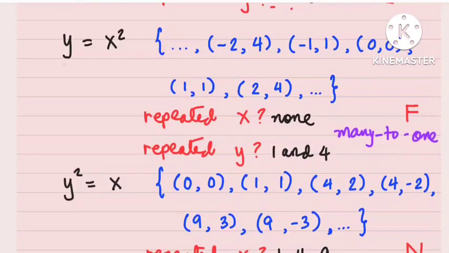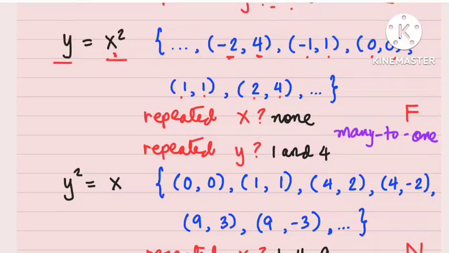Now, what if our function or relation is y is equal to x squared? When I input -2 here, I get -2 raised to 2, that's -2 times -2, which is equal to +4. When I input -1, I get 1. When 0, 0, 1, 1, 2, 4.